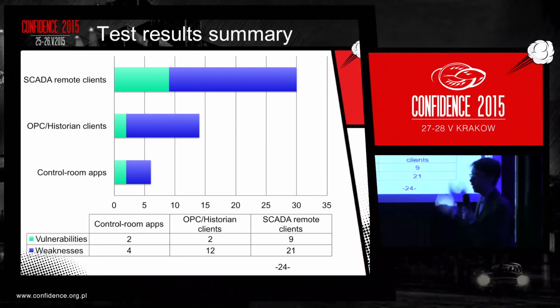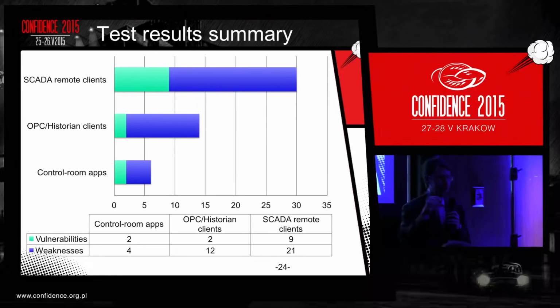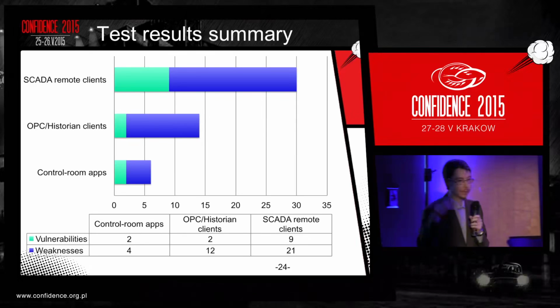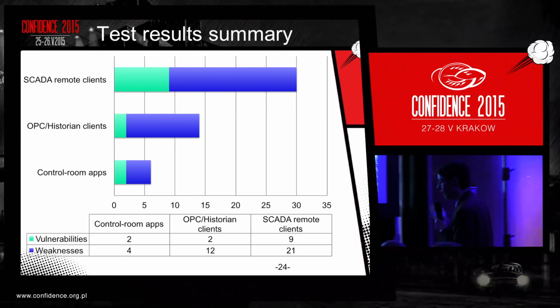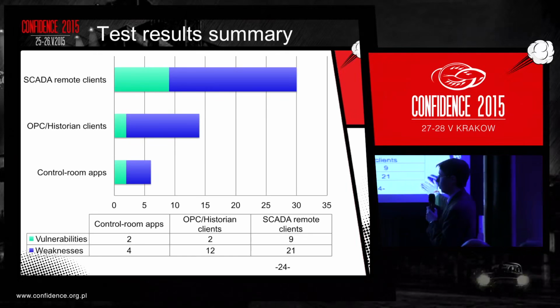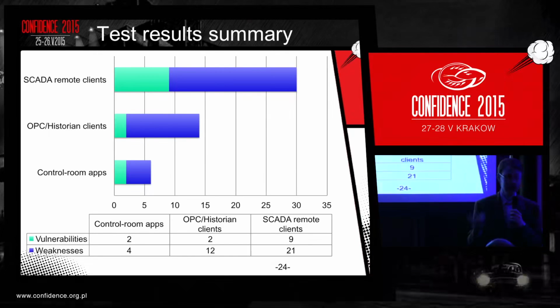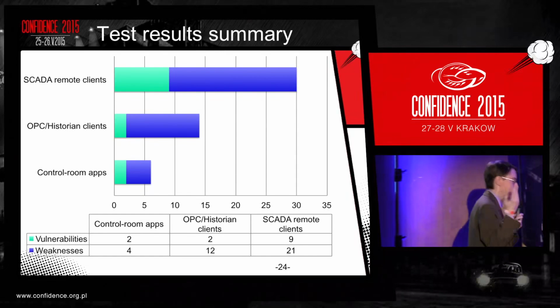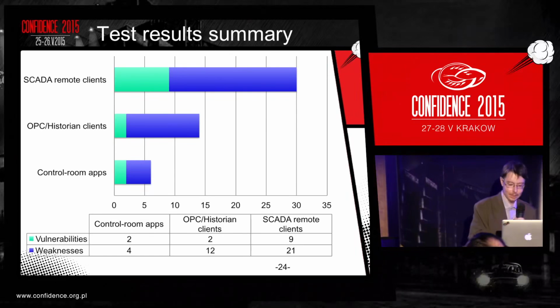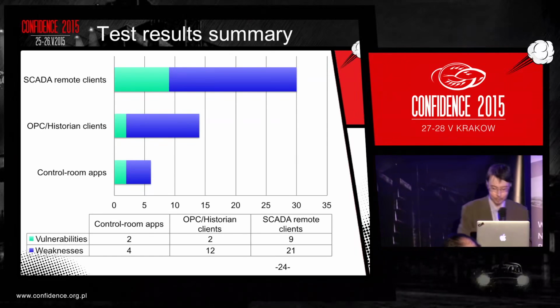So the applications that connect to the ICS infrastructure from outside of the safe perimeter, through remote endpoints, that could be easily compromised, have the most vulnerabilities and weaknesses. And that's strange. I don't understand why it happened, but it is.